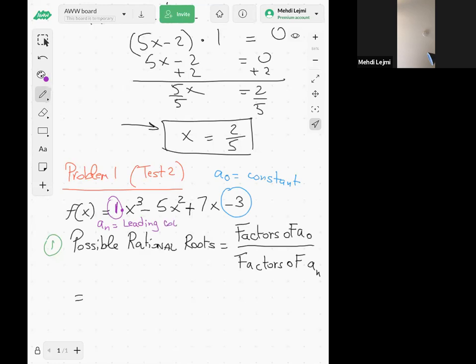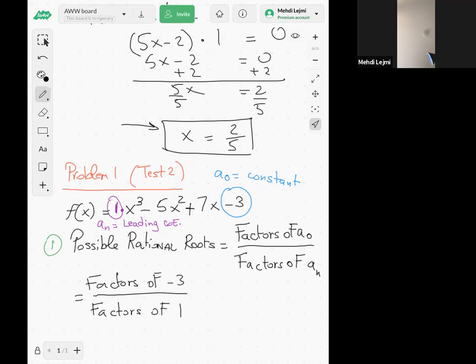So we have to take the factors of negative 3. It doesn't matter whether negative 3 or positive 3, because in the list of possible rational roots you take plus or minus anyway. Over factors of 1.